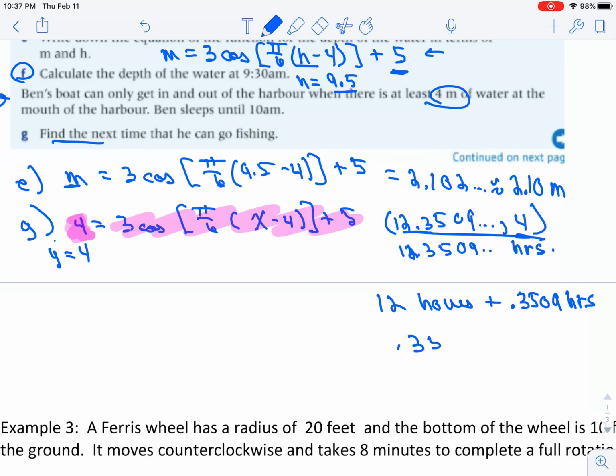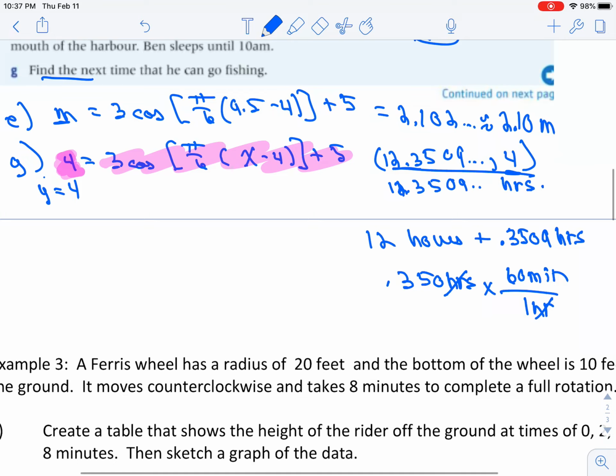If we multiply 0.3509 by 60 minutes in 1 hour, then the hours will divide out, and when you take 0.3509 times 60, you end up with about 21 minutes.